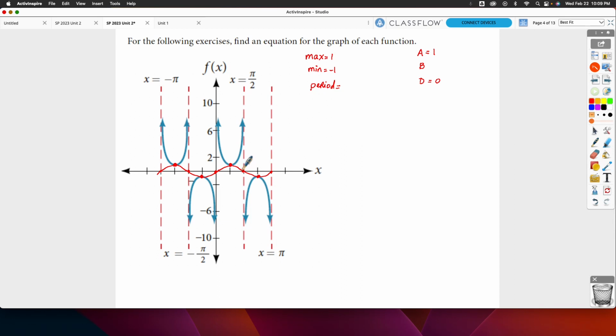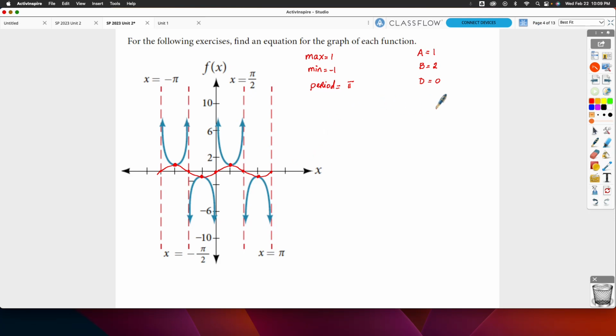So pi over 2 minus negative pi over 2 is equal to pi. So the period here is pi, which means that b, remember b is equal to 2 pi over period. So 2 pi over pi, our b is equal to 2.